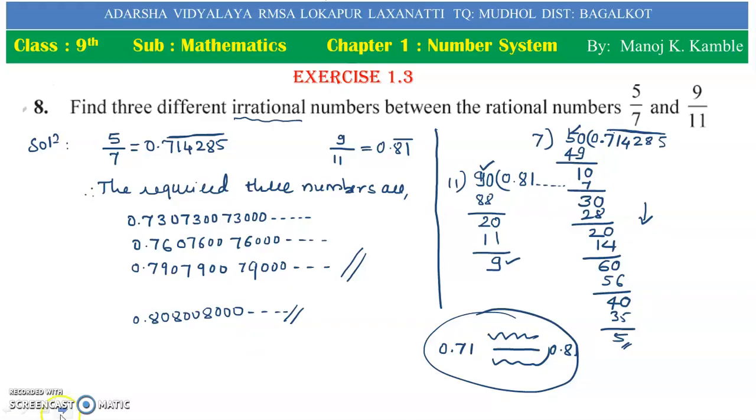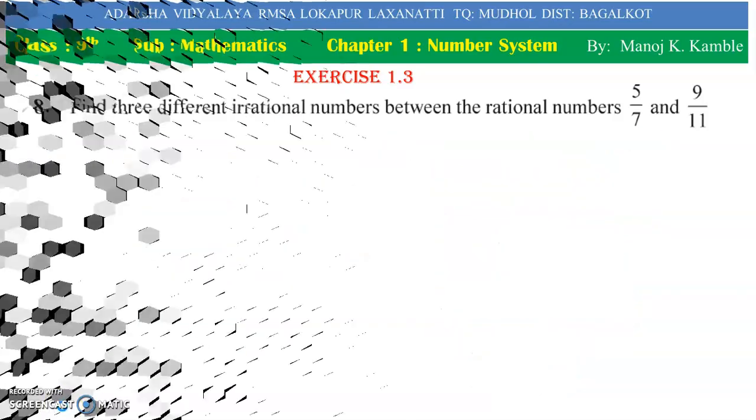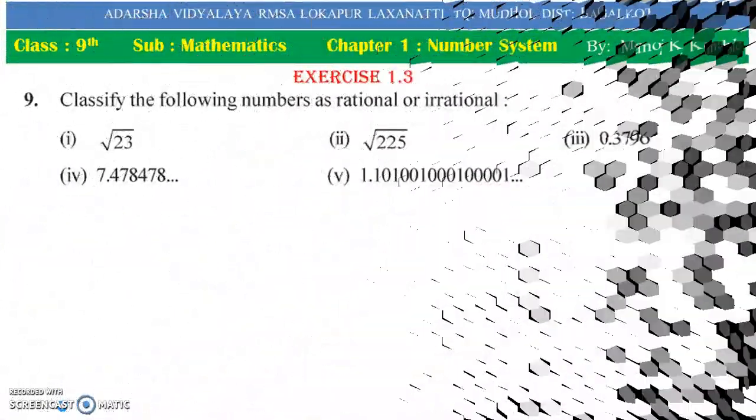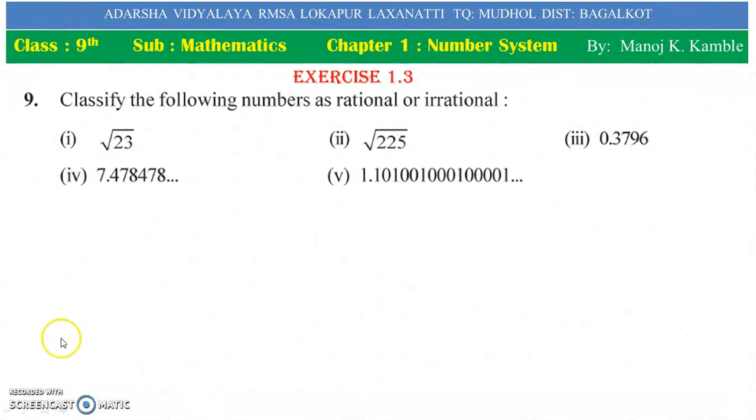Next you have to move to question number 9. Here in question number 9, they ask to classify the following numbers as rational or irrational. Roman 1, the given number is square root 23.